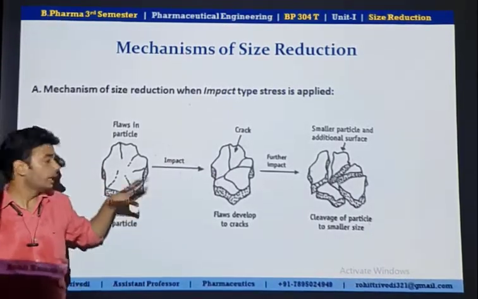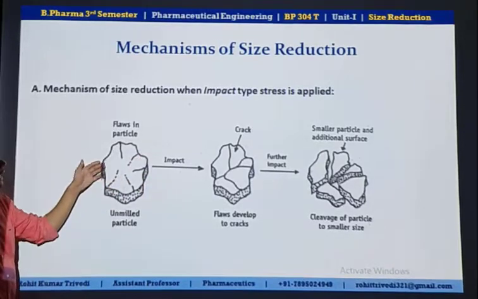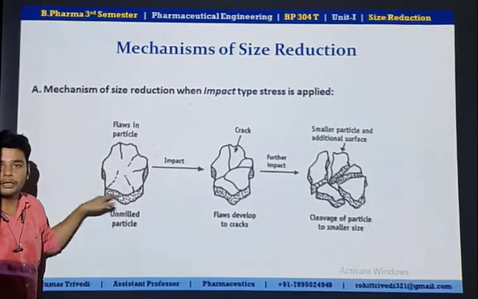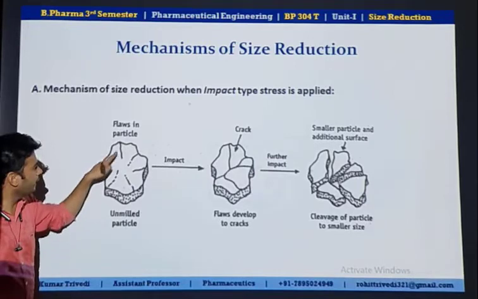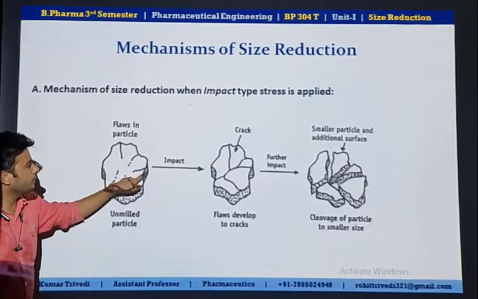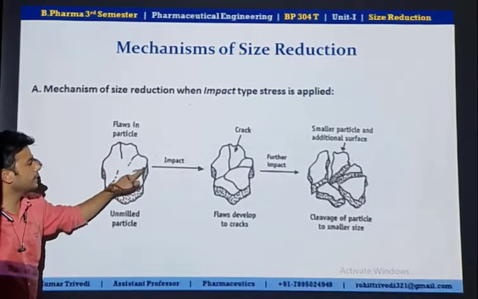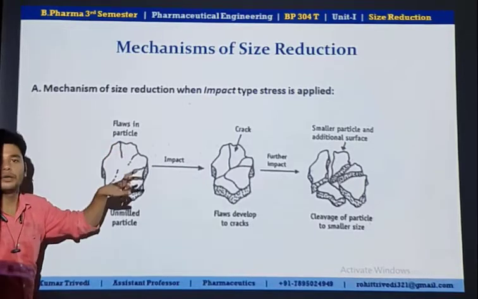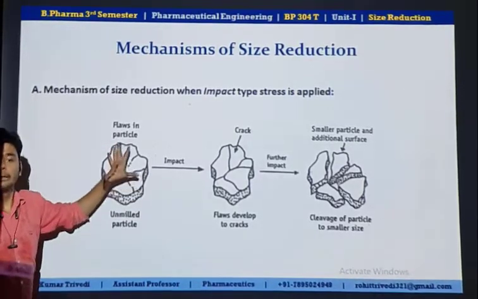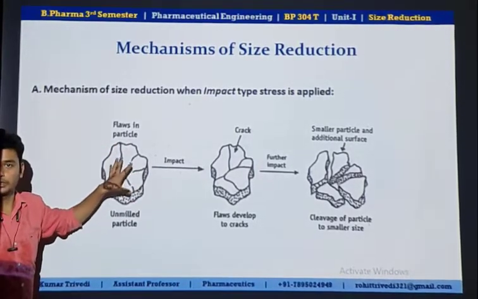Generally, solid particles have a few flaws. If you observe this figure, you will find these flaws, minute cracks we can say. Basically these are not cracks, but they are called flaws. These flaws are generally present in a single solid particle.